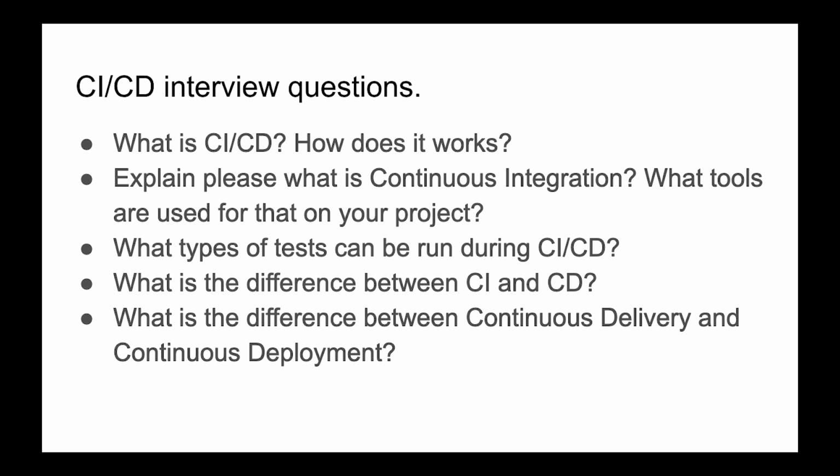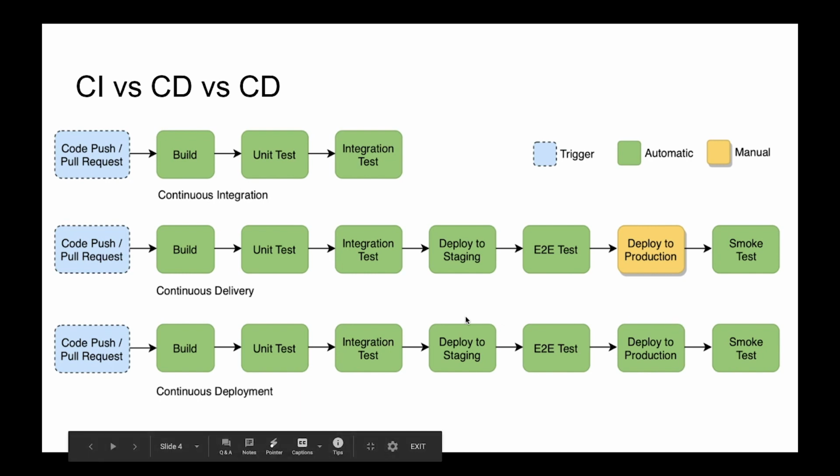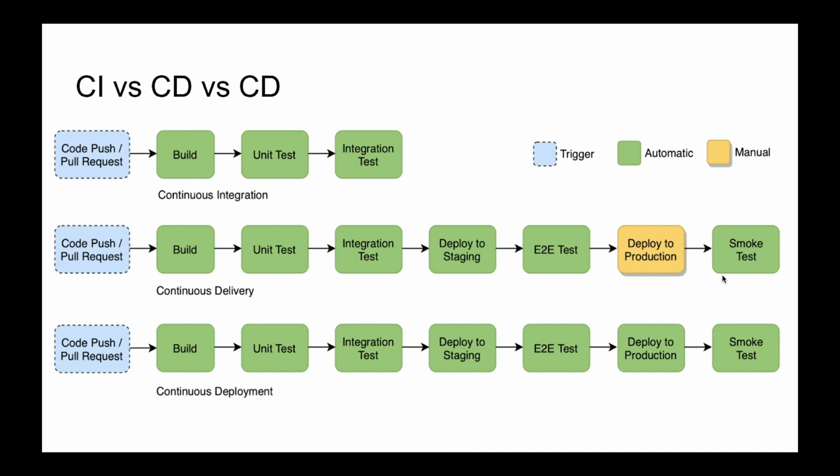And there might be interesting questions. The last one here: what's the difference between continuous delivery and continuous deployment? Because sometimes people don't know the difference and how to explain it. We can go back here again to our screen and check that these two terms are almost the same. They're very similar, but the difference is in deploying to production. Is it manual or automatic?